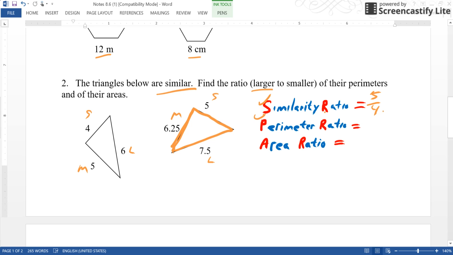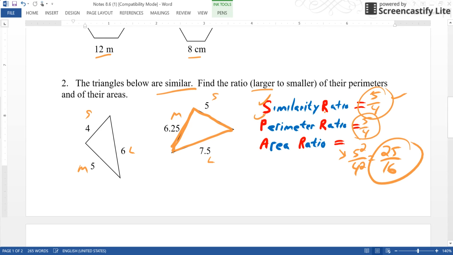So if the similarity ratio is 5 over 4, this is 5 over 4. And the area ratio, I'm going to do it right down here. Well, it's 5 squared over 4 squared, which is 25 over 16. Okay? So that's how we do those.